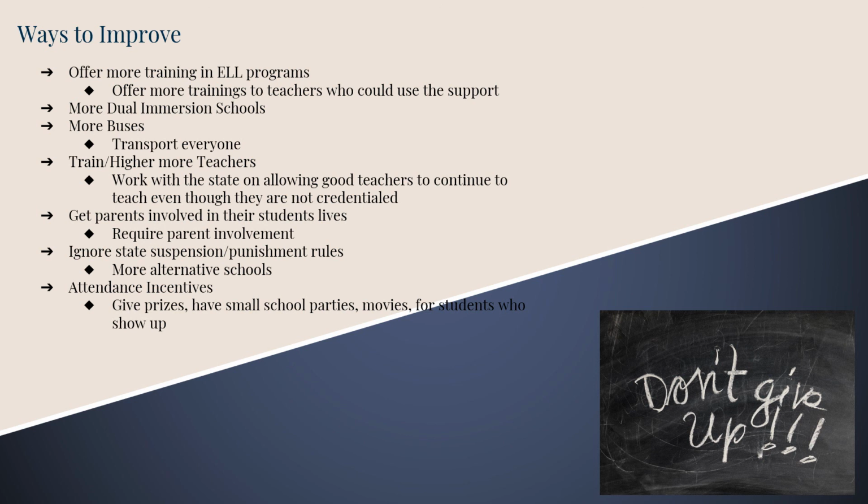They're allowing the behaviors to continue within the school, and they're not doing anything about it because they're not allowed to. And they also need to offer incentives for attendance. They need to give prizes, have small school parties, and movies for students who show up to school every day.